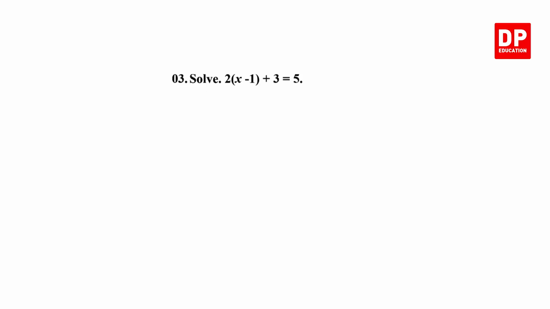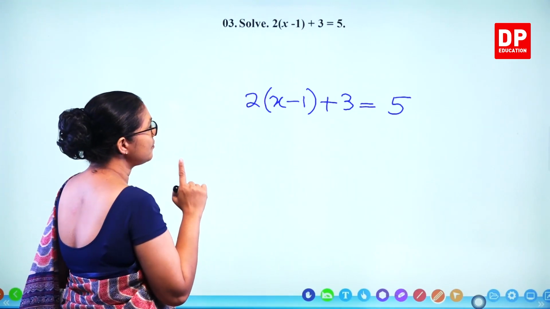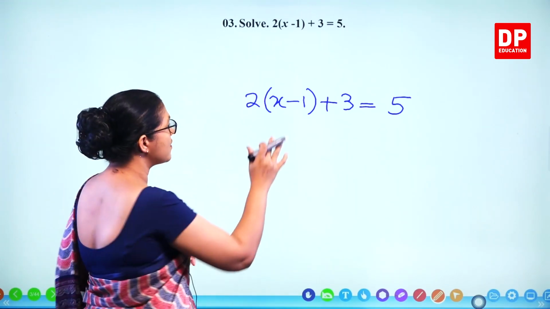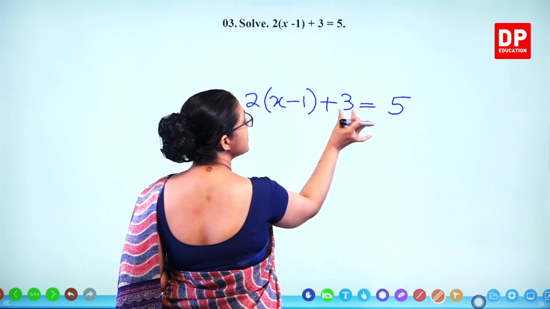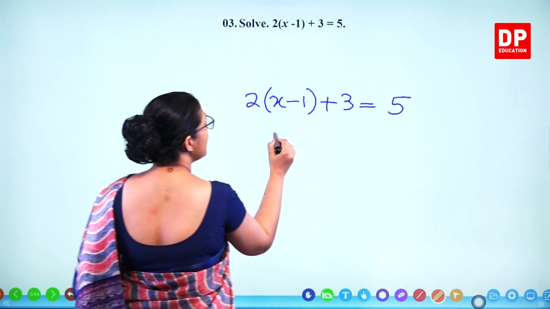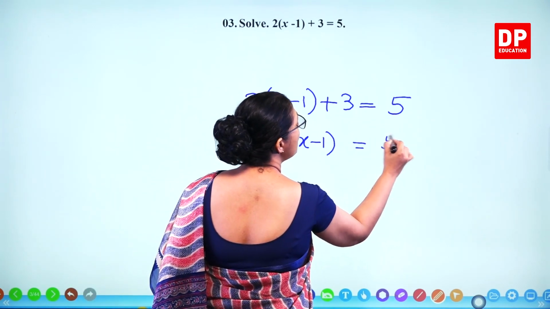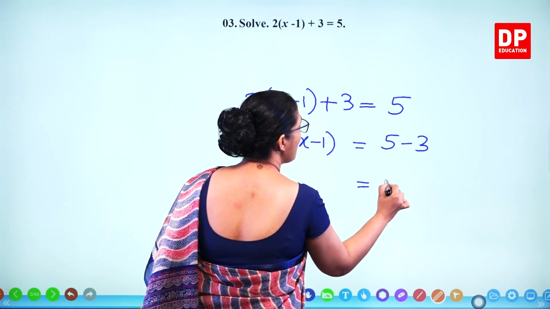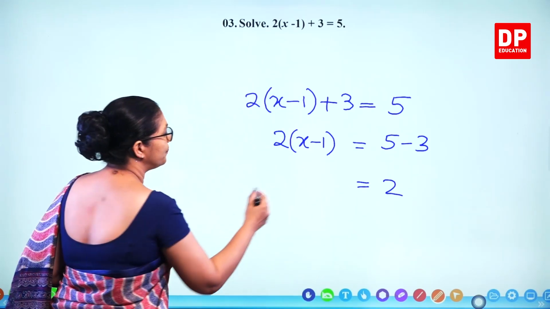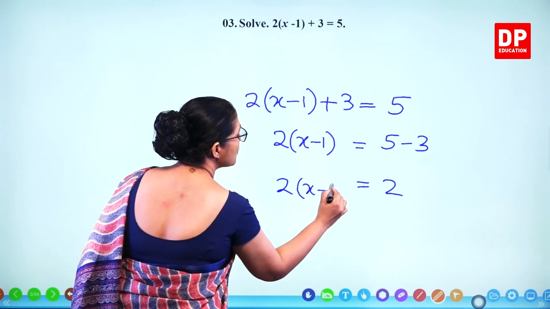Question number 3, solve. 2 into x minus 1 plus 3 equals 5. Then you have to take all x terms to one side and numbers to the other side. So we'll take 3 to the other side. 2 into x minus 1 is 5 minus 3. What is 5 minus 3? That's 2. 2 into x minus 1 is 2.